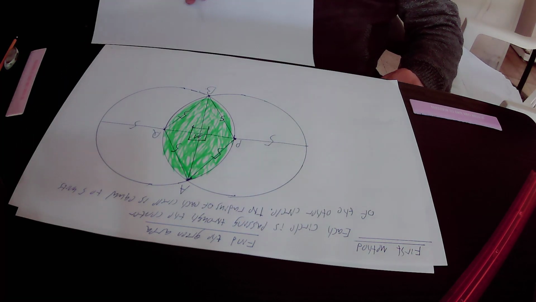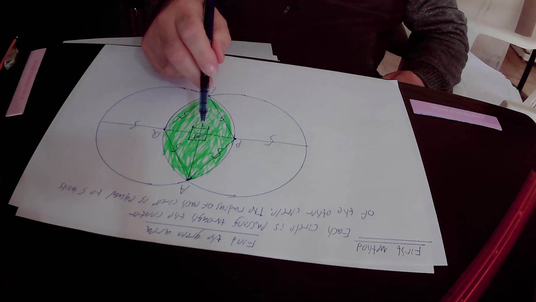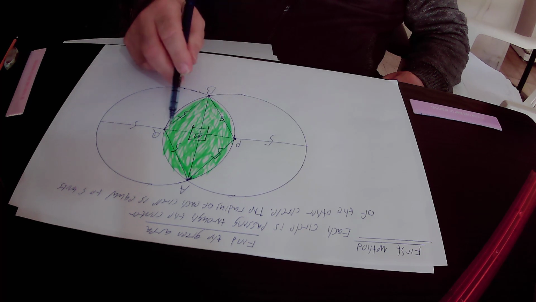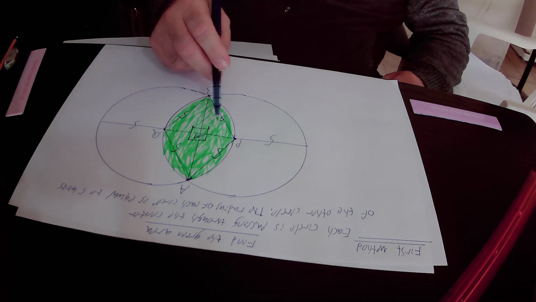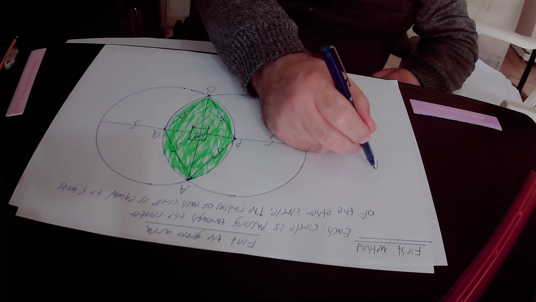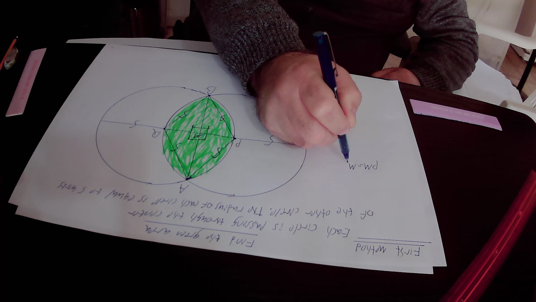So here in our drawing, the diagonal AB bisects diagonal PQ, that is to say PM is equal to MQ.